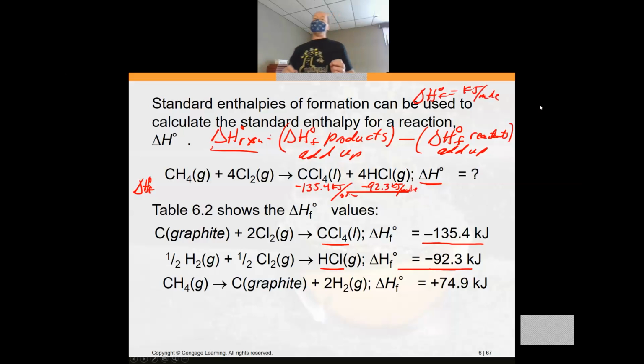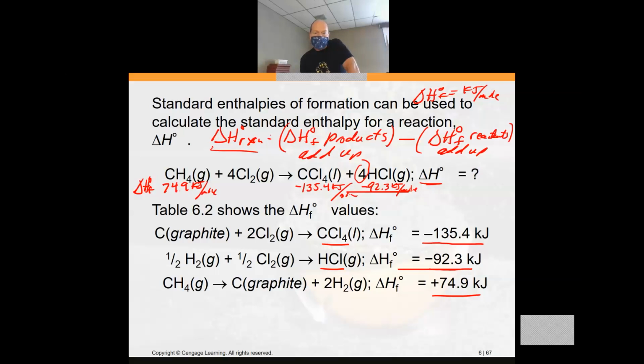When you're doing the delta H naught formation, though, it says for 1 mole. And so if they just write kilojoules, yes, that is for 1 mole. But if you have more than 1 mole, like you do for your HCl, you have to multiply it by 4 because you don't have just 1 mole of HCl, you have 4 moles of HCl. Then you see your CH4 is at 74.9 kilojoules per mole.